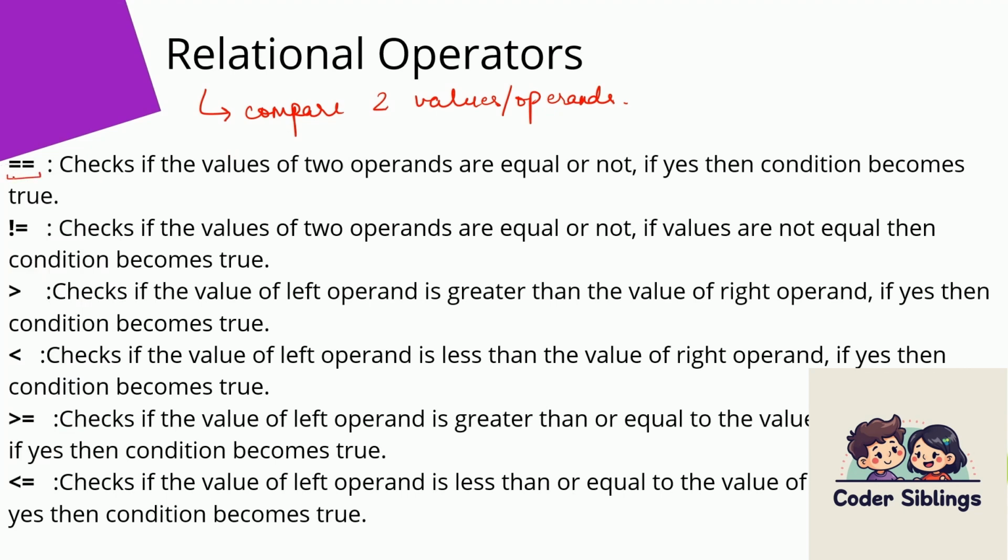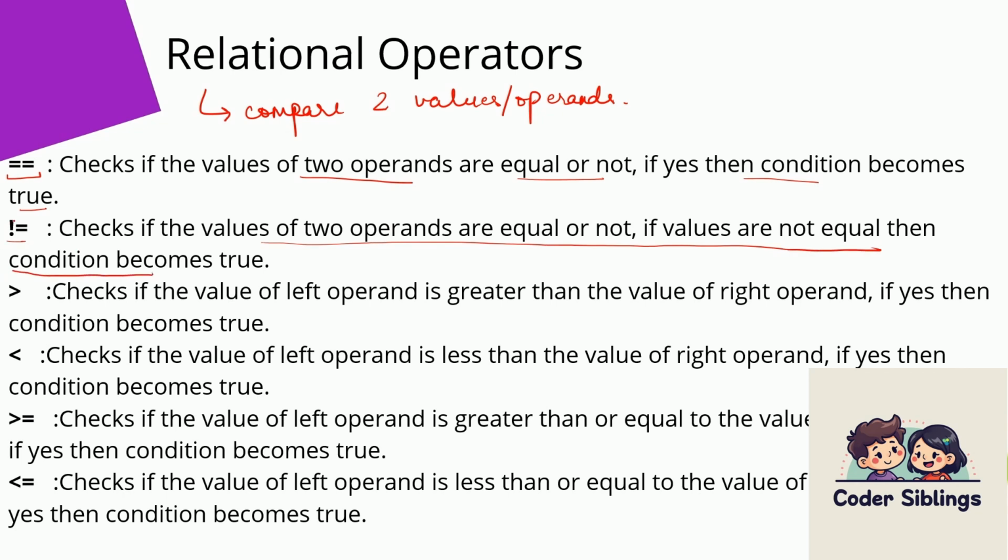As we discussed previously also, it checks if the values of two operands are equal or not. If yes, then the condition becomes true. We already discussed it in the previous slides. Not equal to checks if the values of two operands are equal or not. If they are not equal, then the condition becomes true.